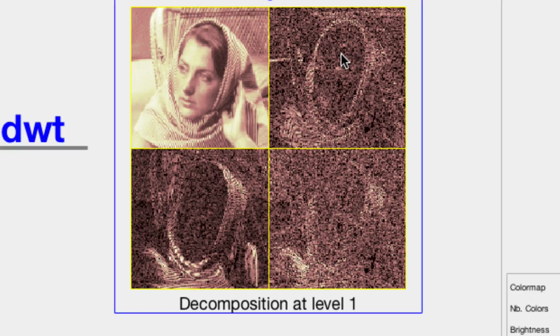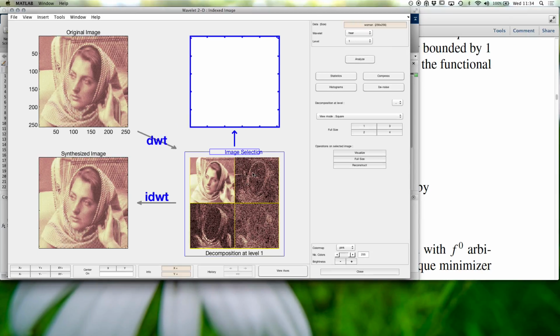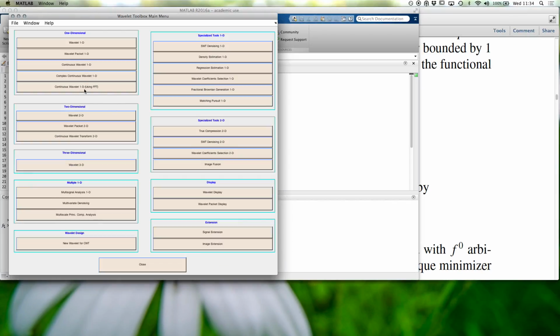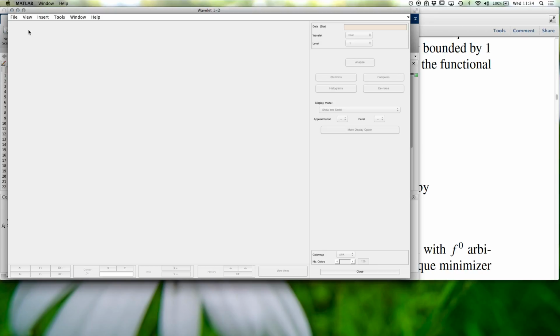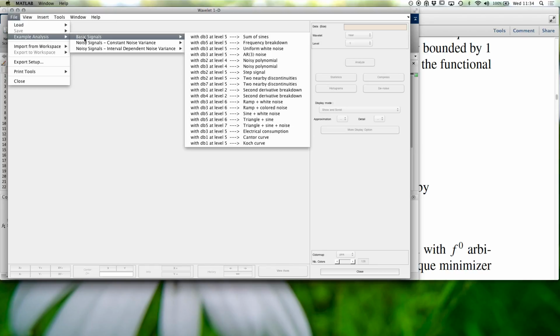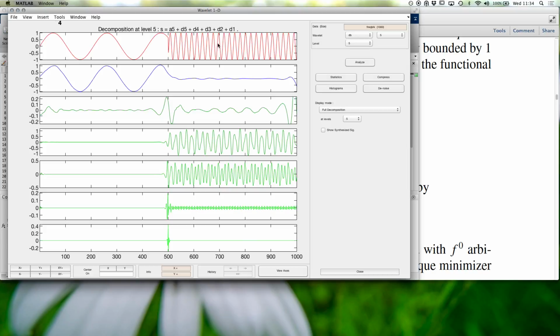like you remember in the one-dimensional signal, at the top there was the low pass part. Did I mention that? Maybe I didn't. Let me mention it again. So if you go back to the 1D signals, the blue one is the low pass part, and then the green ones are the successive detail levels.